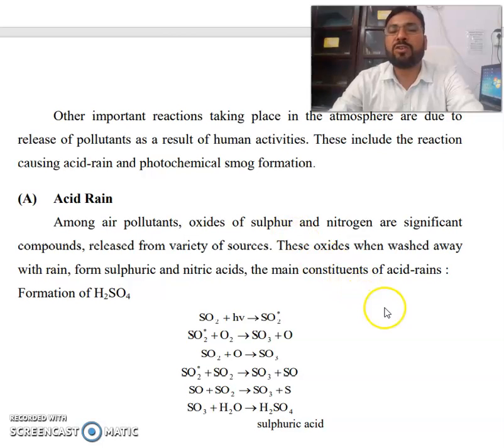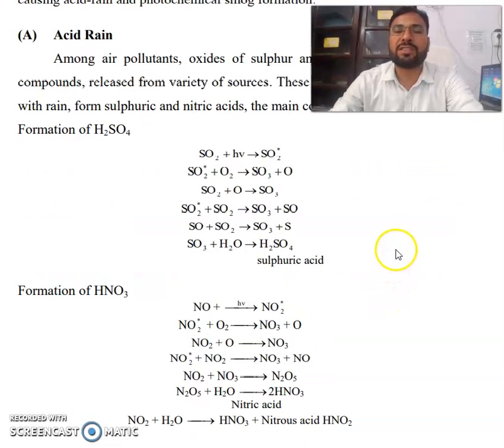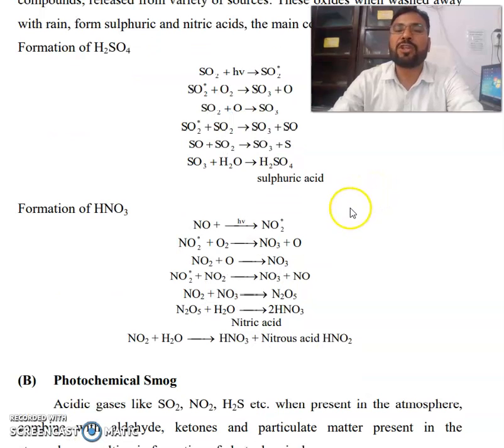Among air pollutants, oxides of sulfur and nitrogen are significant compounds released from a variety of sources, and these oxides, when washed away with rain, form sulfuric and nitric acid, the main constituents of acid rain. The formation of sulfuric acid: these are the reactions, and this product is sulfuric acid starting from sulfur dioxide. The formation of nitric acid starts from NO. Look at here the product, nitric acid.